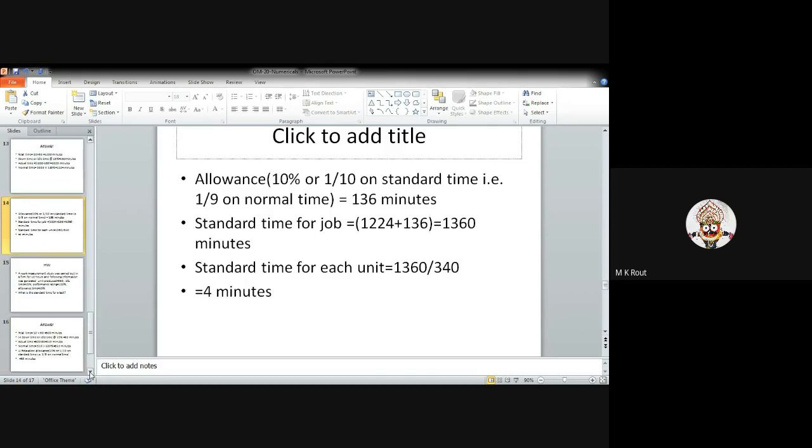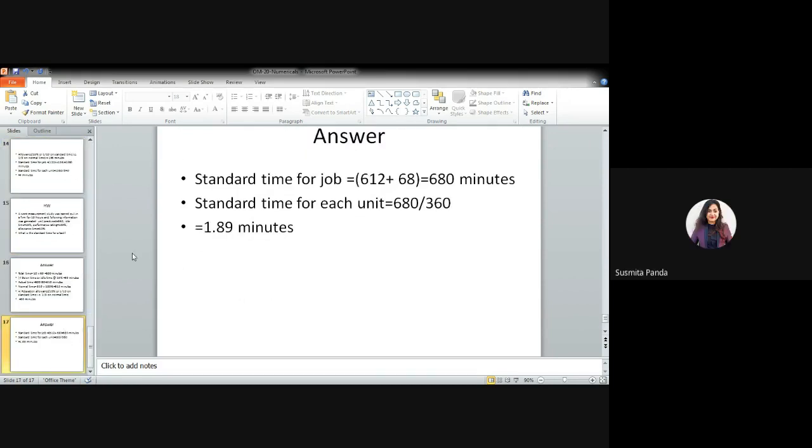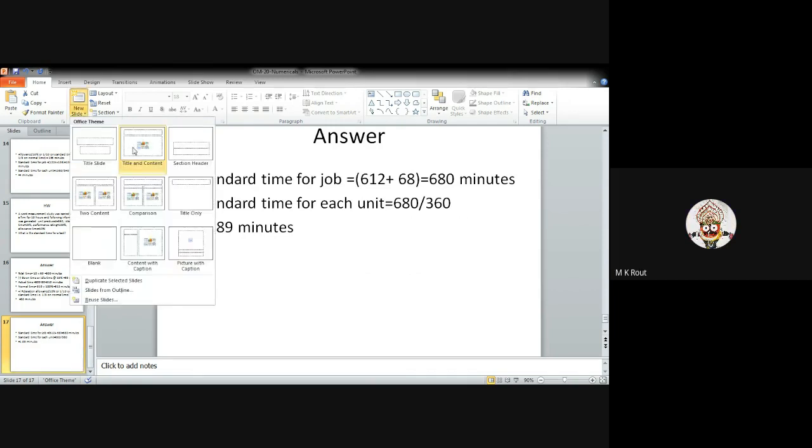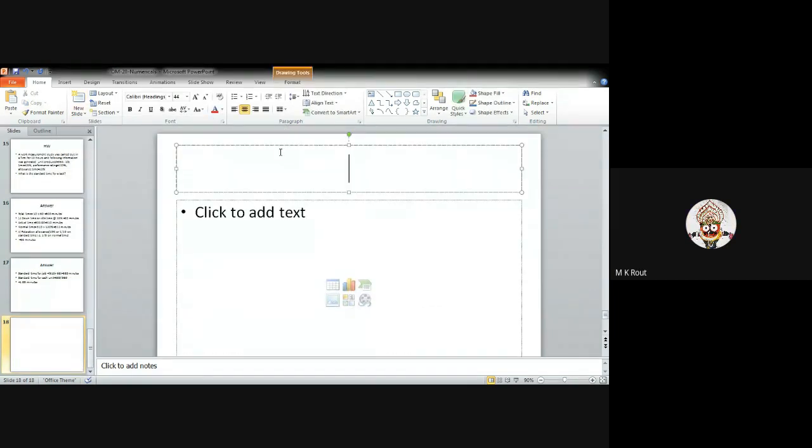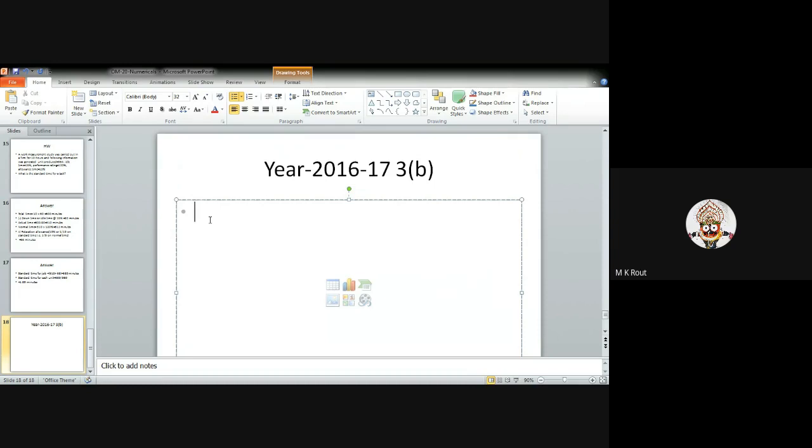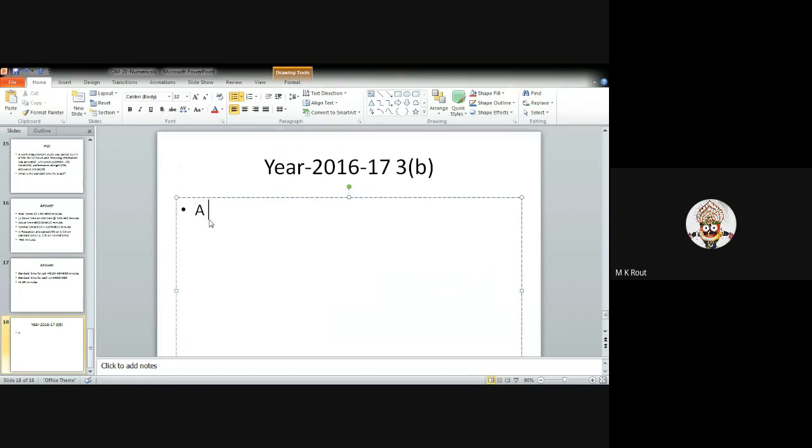Okay, is it finished? Yes, sir. Note down, you have already written the previous one, which is given for the year 2016 and 17. This is question 3B. This is a long question. Those who have not written the question, just note it down.